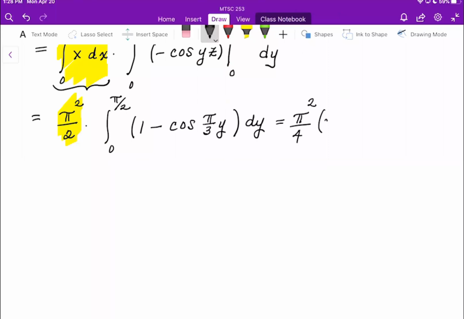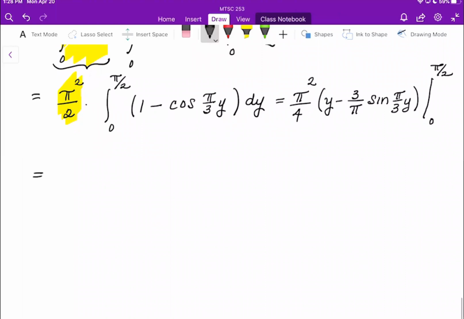So now I'm going to get y minus 3 over pi, the sine of pi over 3 y, evaluated between 0 and pi over 2.